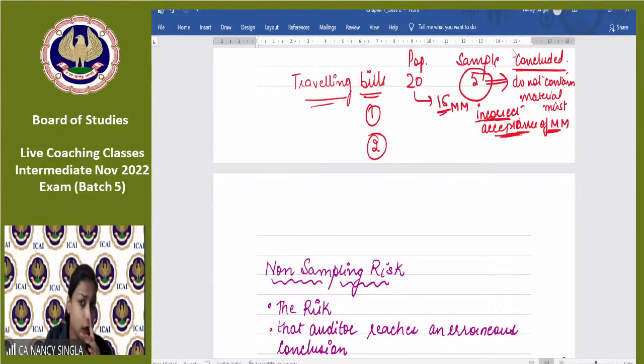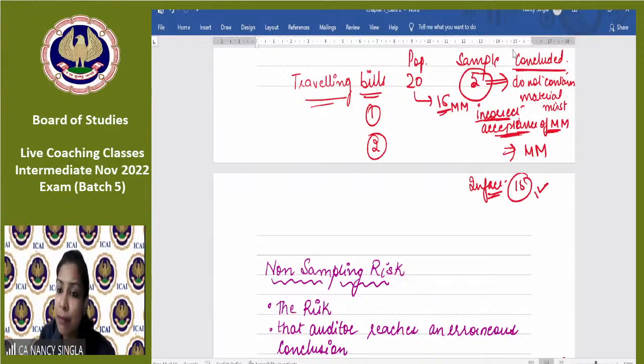Clear? On the other hand, there can be a situation that in these 5, auditor concludes that there is a material misstatement. And in fact, the material misstatement was in those 5 only, and remaining 15 are absolutely free from material misstatement.